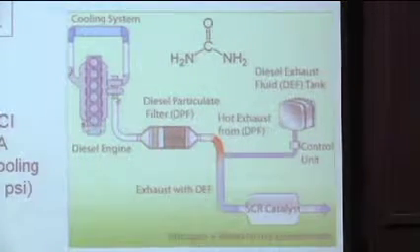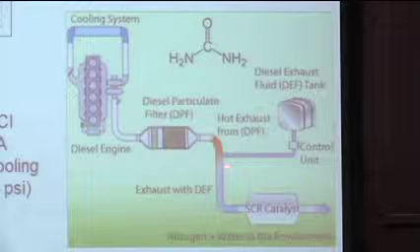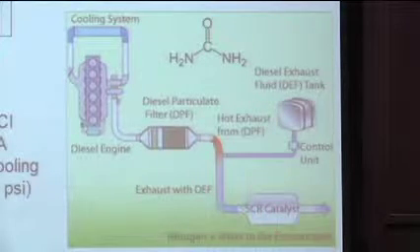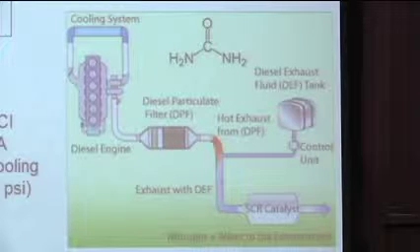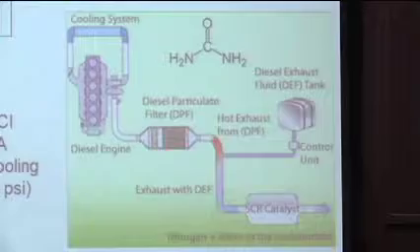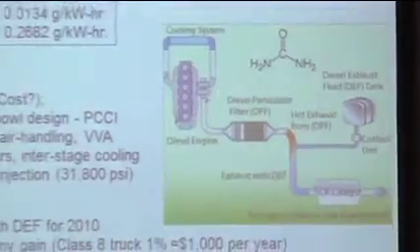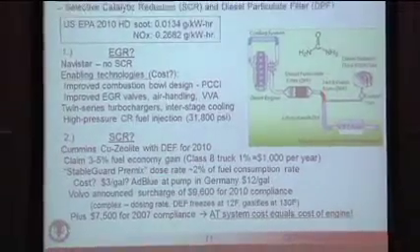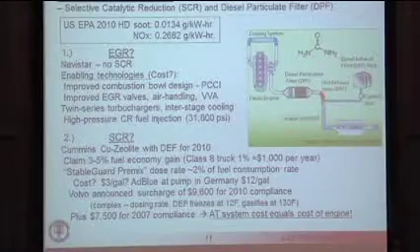It decomposes to produce ammonia. And then ammonia is the catalyst agent, which converts or reduces NOx to nitrogen. So SCR, selective catalytic reduction, as I said, is now used by many companies to meet these 2010 emissions levels.